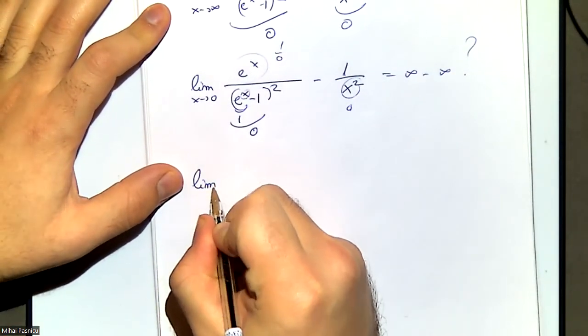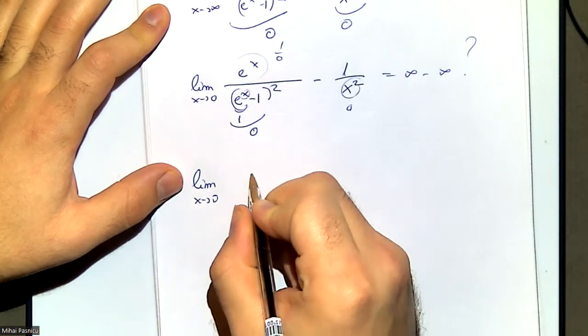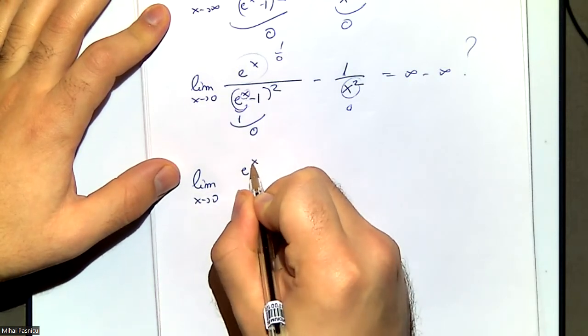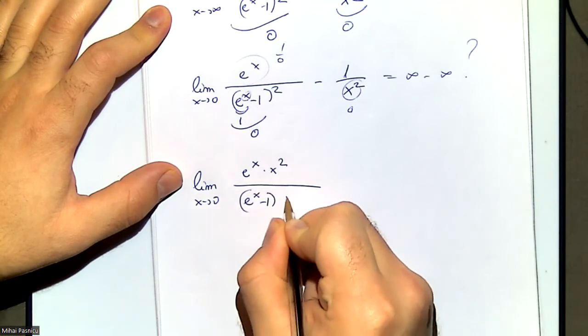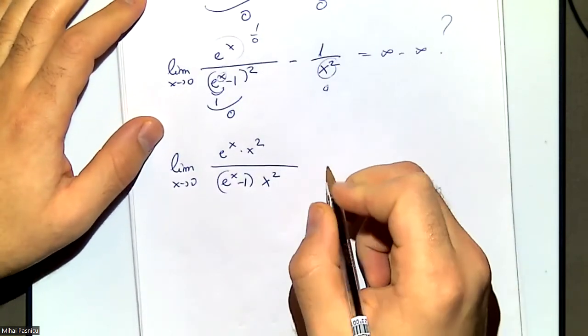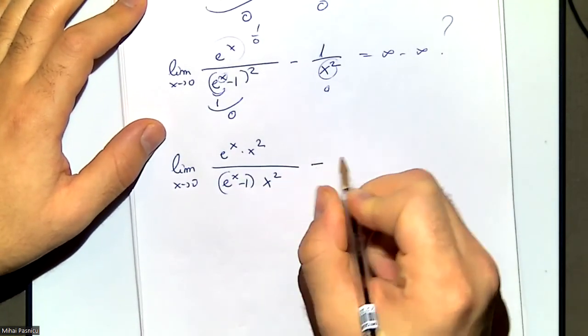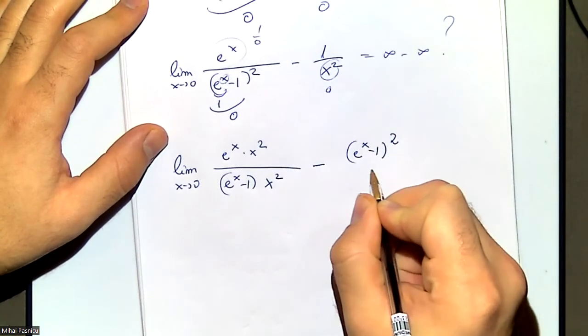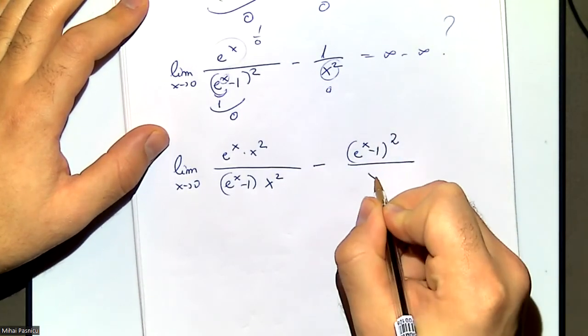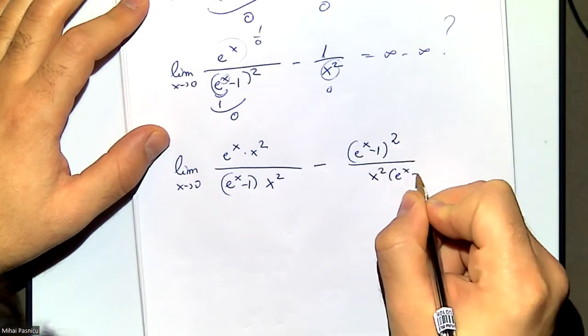I have the limit as x goes to 0 of (e^x minus 1) squared over x squared (e^x minus 1) squared, minus x squared over x squared (e^x minus 1) squared.